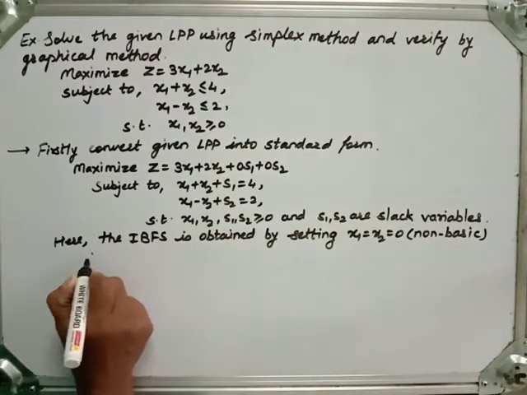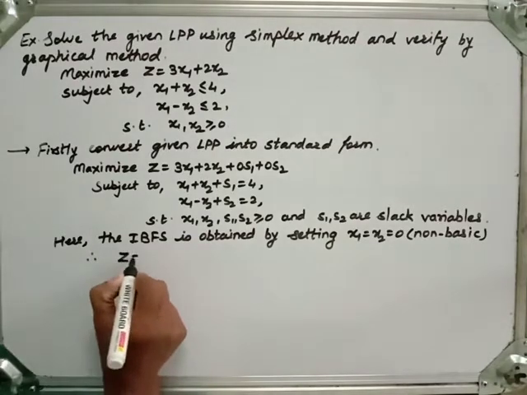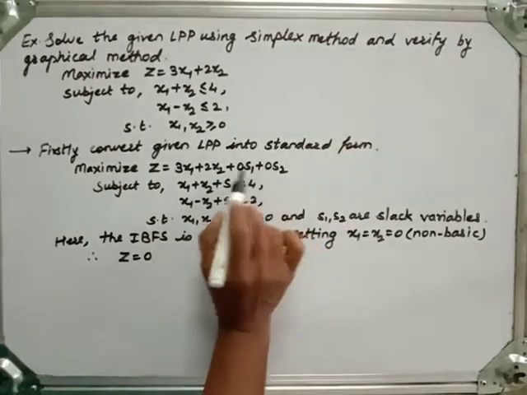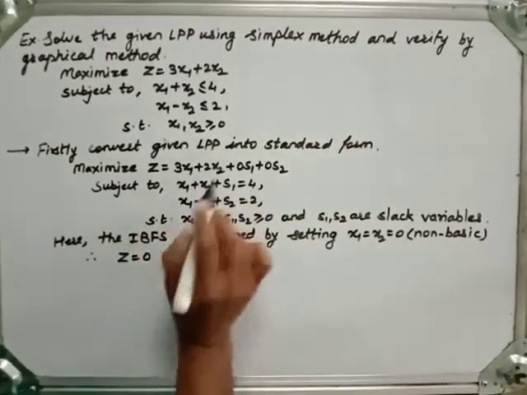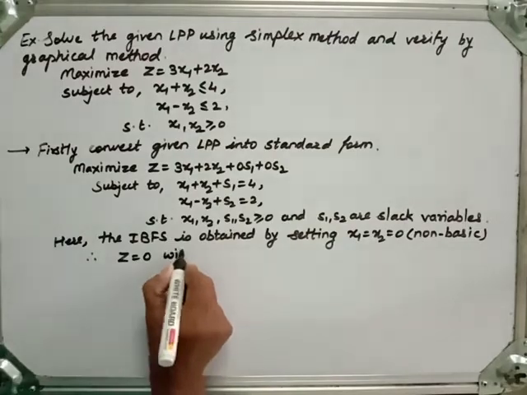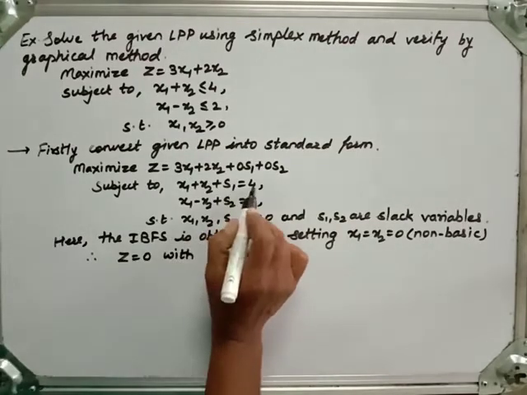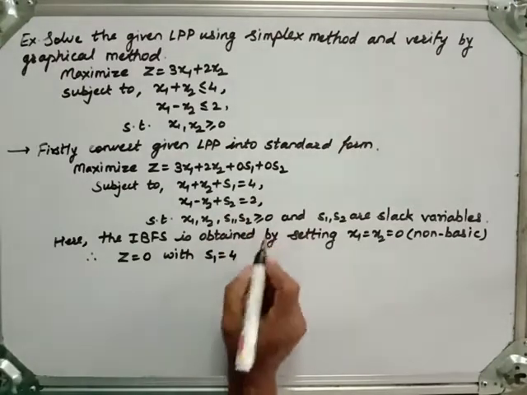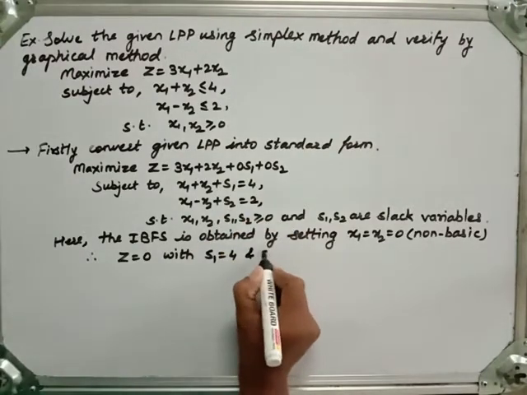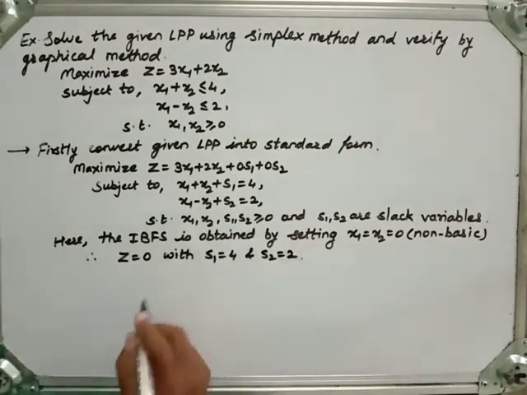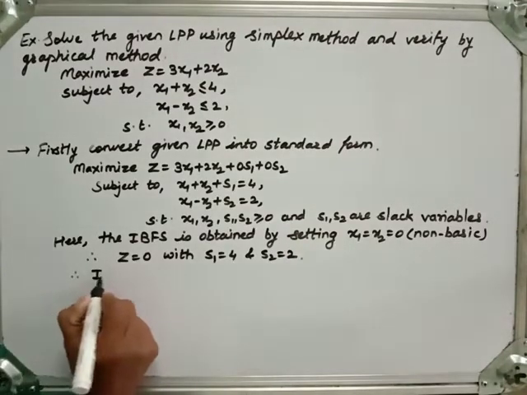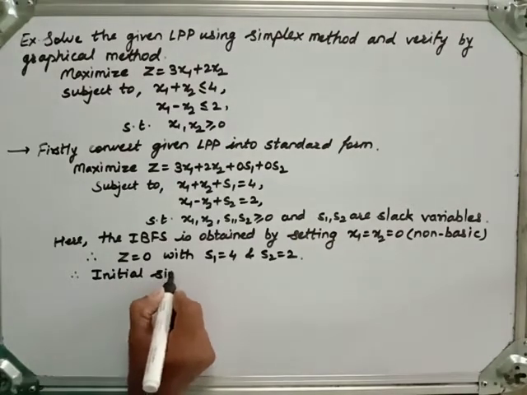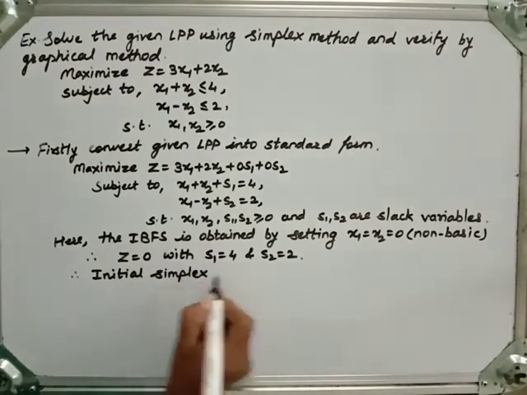So due to that we get x1, x2 equal to 0, and the coefficients of s1, s2 are 0, so z will become 0, with s1 equal to 4 from the first constraint and s2 equal to 2 from the second constraint. Therefore we can write the initial simplex table.